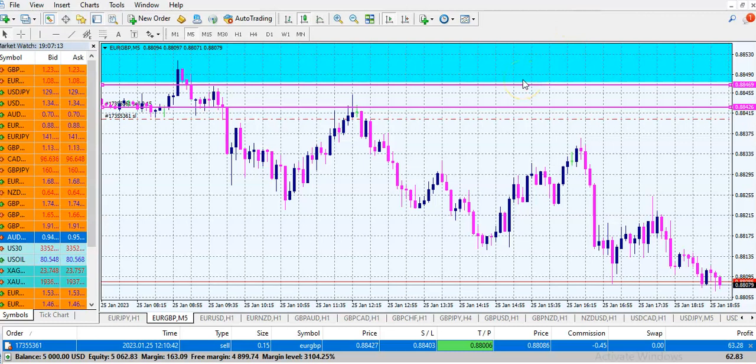It means that we risked about 4 pips, and we've done 34 pips already. That's just about it. It's not really difficult. It's a very simple method of trading.